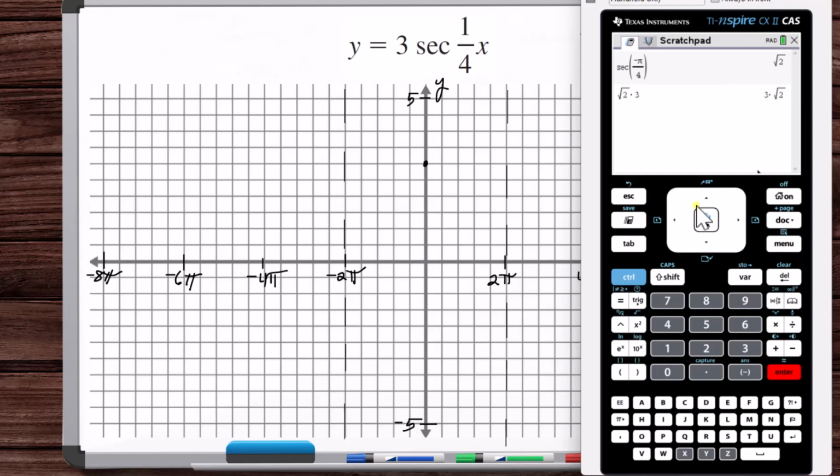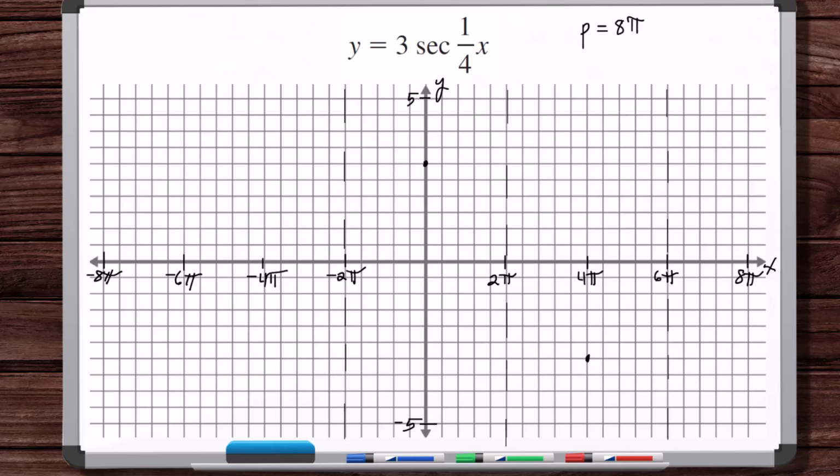So 3 root 2 is about 4.24. So, minus pi, and then 1, 2, 3, 4, 4.5. So there's about 4.24.